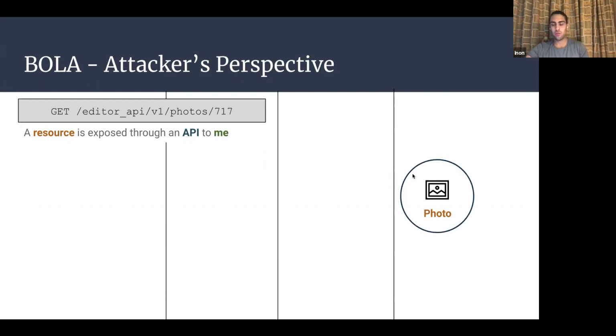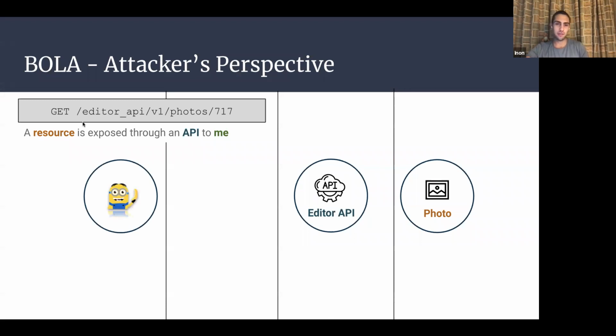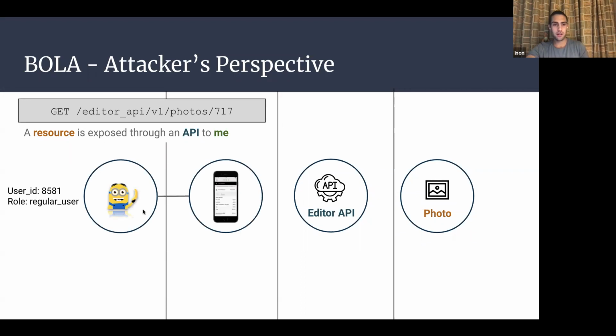So the resource, as we said, is a photo. The API is the editor API. You can understand it based on the URL. And who is me? It's a very philosophical question, but in this case, it's the user with the user ID of 8581 and the role of regular user who is using the mobile client.